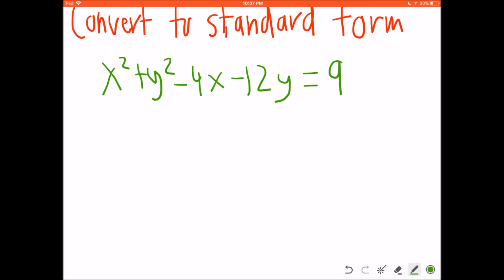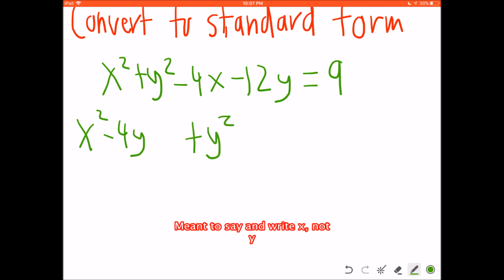And now what you want to do is move the x's to the x's and the y's to the y's. This is just an organization thing that I do, so I know what I'm doing for the rest of the problem. So x squared minus 4x, leave a space, plus y squared minus 12y, leave another space, equals 9.